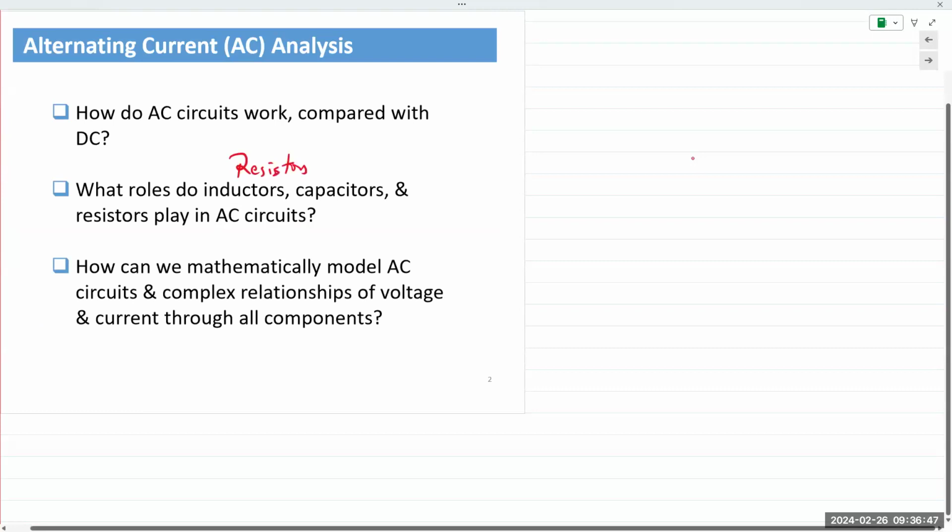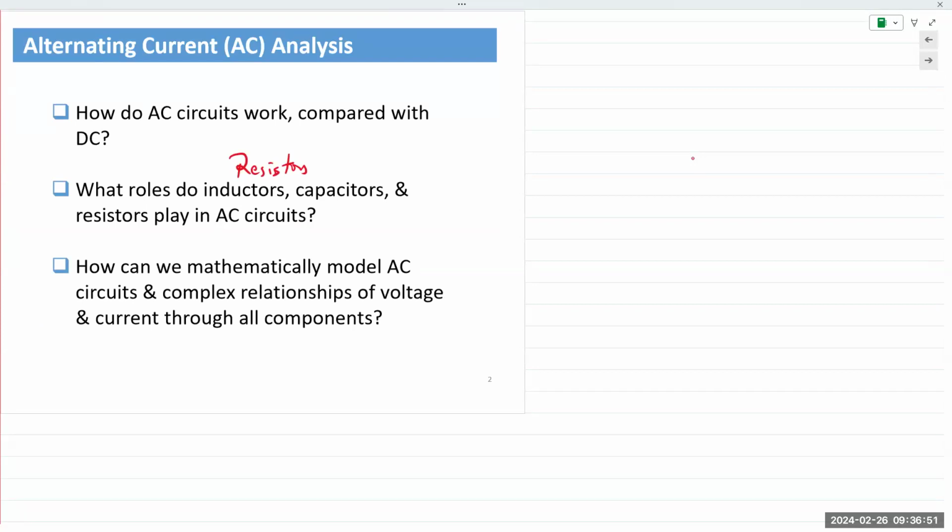So they all work nearly the same. Resistors work exactly the same as they did for DC analysis, right? Inductors and capacitors, we'd expect the response to be the same, but there's a slight difference. When I say slight difference, actually, that's a big difference. The reason is because inductors and capacitors are energy storage devices, right?